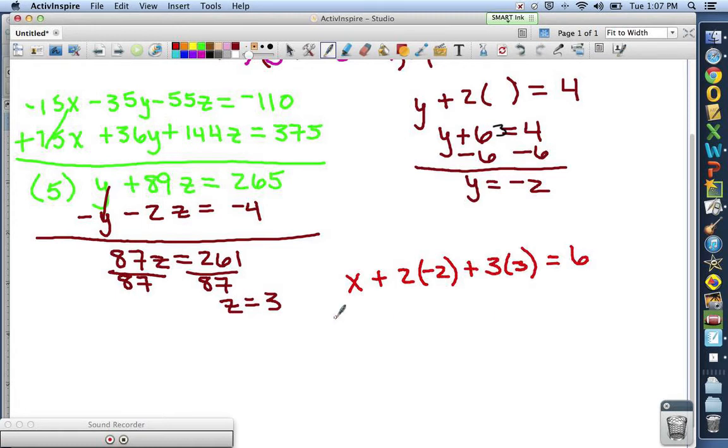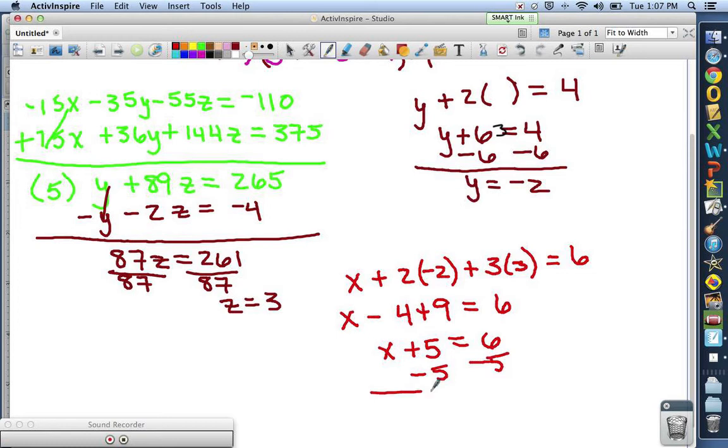Solving that equation for x, we get x minus 4 plus 9 equals 6. X plus 5 equals 6 by combining like terms. Subtract 5 from each side, and we will get x equals 1.